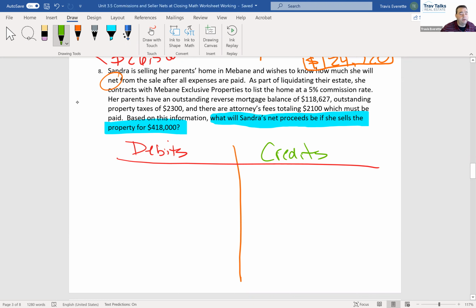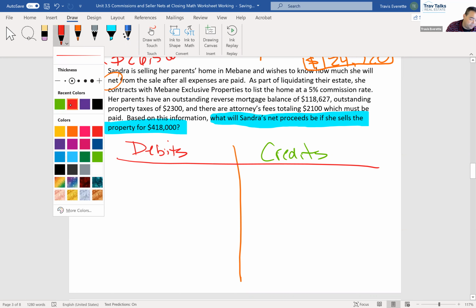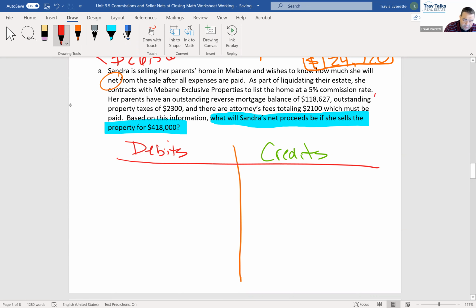Sandra is selling her parents' home in Mebane and wishes to know how much she will net from the sale after expenses are paid. She contracts with Mebane Exclusive Properties to list the home at a 5% commission rate. So if we do that math over here on the side, 5% of the sales price, that's going to be $418,000 times 5%.